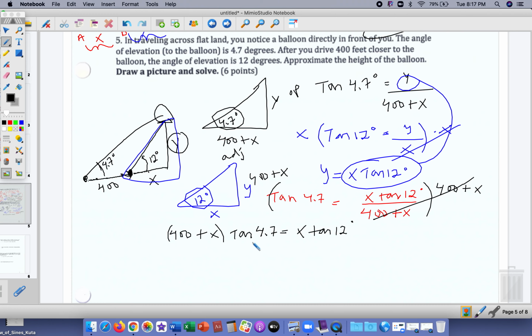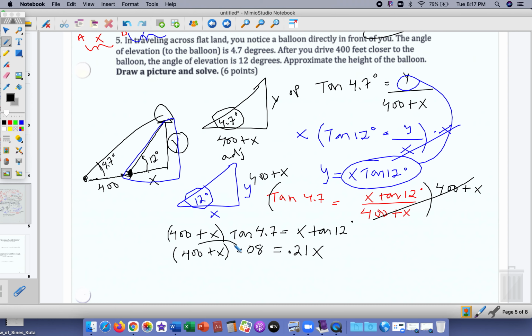I'm going to put these values in my calculator and see what tan of 4.7 is. So we'll say that this is about 0.08. Over here, tan of 12 is 0.21, so 0.21x. I wrote 0.21 because tan 12 is 0.21.